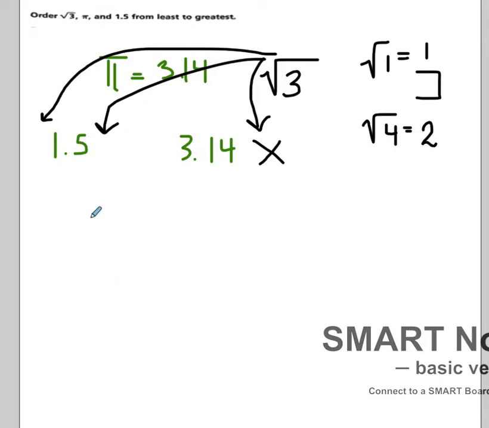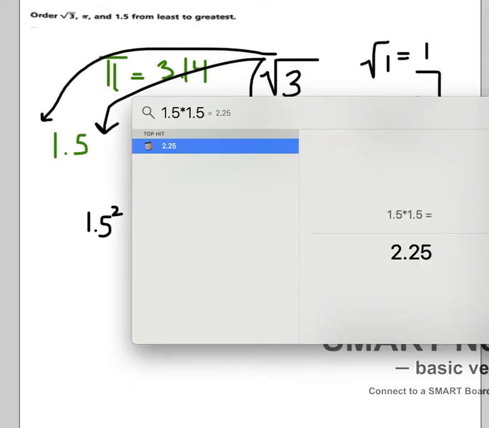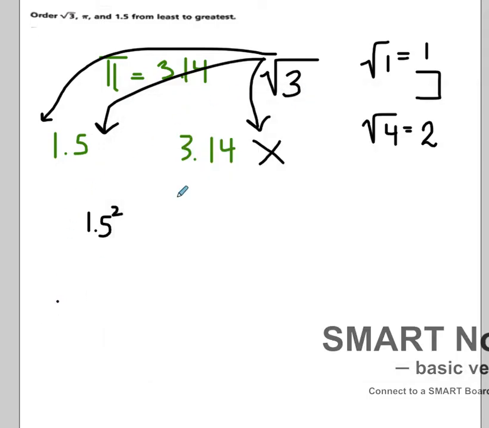So what I'm going to do is start with 1.5 squared and see what that gets me, because they might be the same value. So 1.5 squared, or 1.5 times itself 2 times, is 2.25. So that's too much. So this number has to be less than 1.5.